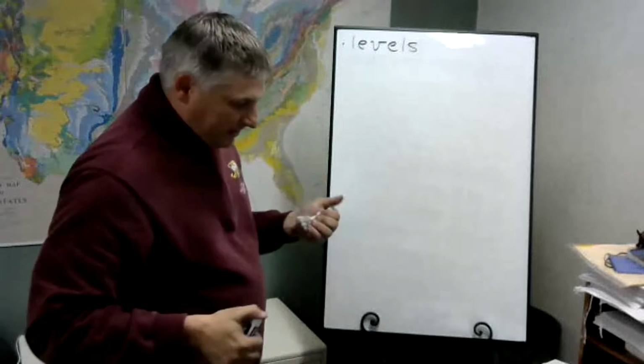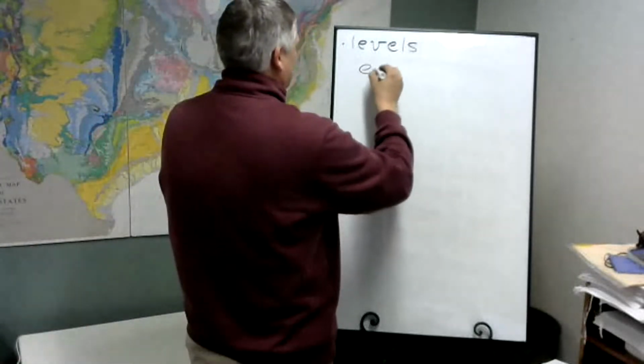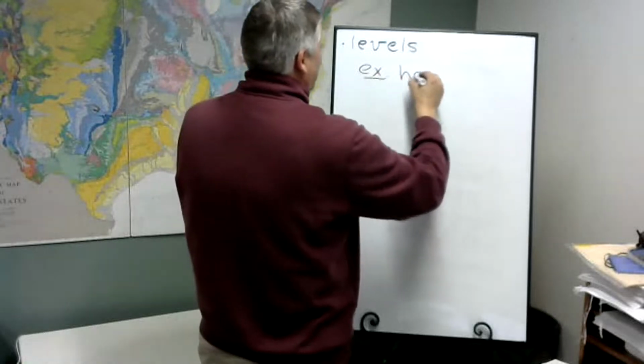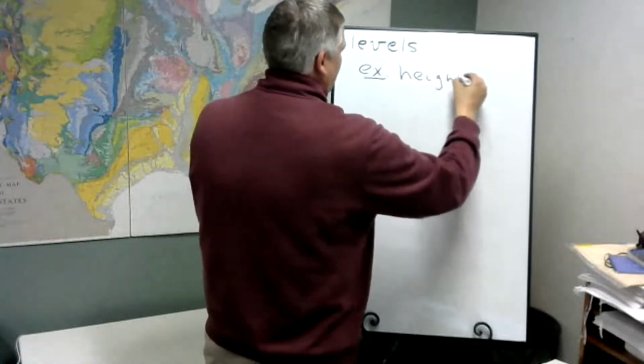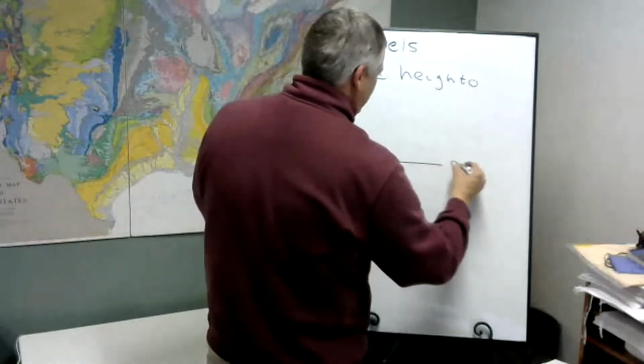So an example is something that you would pass a ratio. Let's say we have heights, and let's say we're talking about the ground.